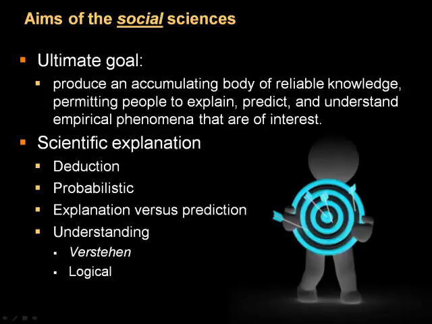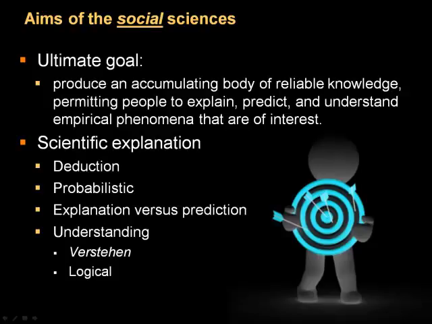Relatedly, part of the scientific way of explaining things is the probabilistic explanation, which makes use of generalizations that express a mathematical ratio or relationship between phenomena, or generalizations that express tendencies. In other words, using math, statistics, and other quantitative tools, we can assess the probability of an occurrence.